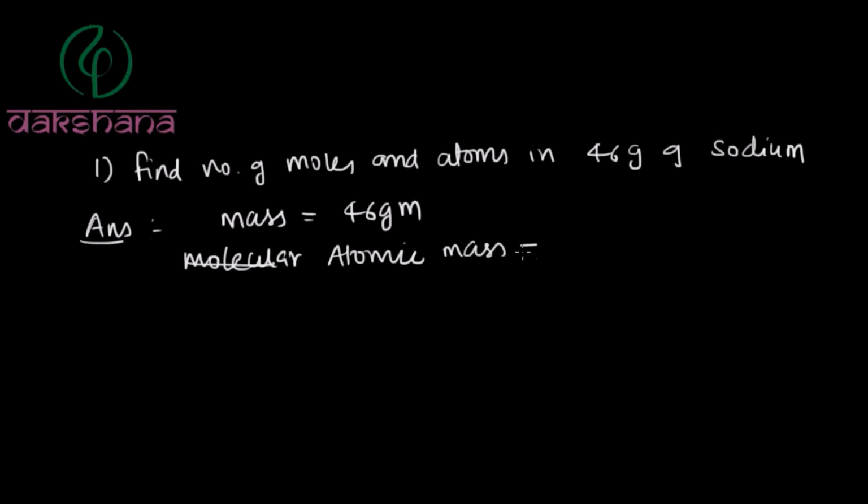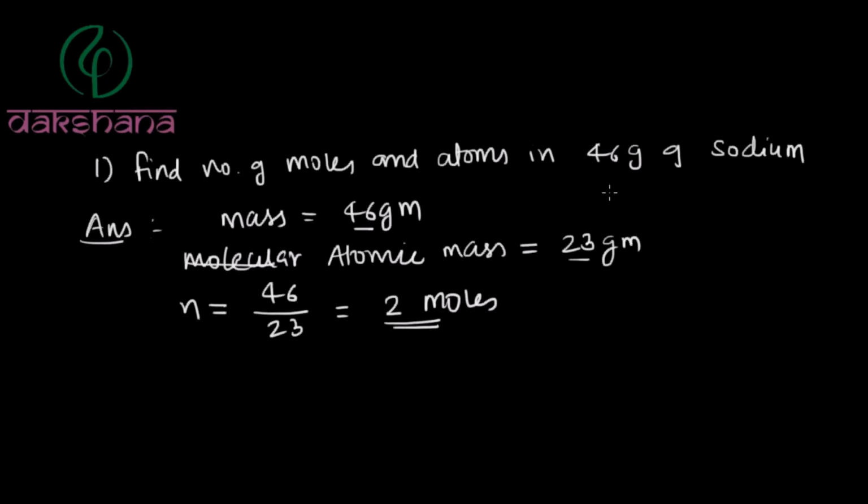The atomic mass of sodium is 23 grams. Now if I have to write the number of moles, that means given mass, which is 46, divided by its atomic mass, which is 23. This will be equal to 2 moles. So in 46 grams of sodium, I will have 2 moles.